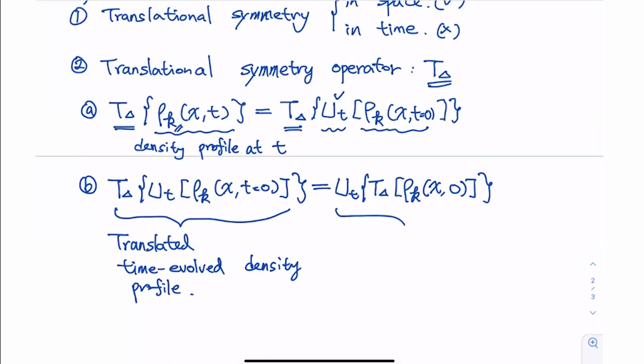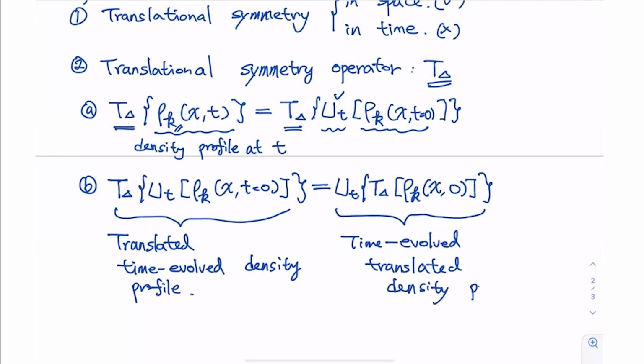And at the right-hand side, basically, we can also write down what that means. It is a time evolved translated density profile.